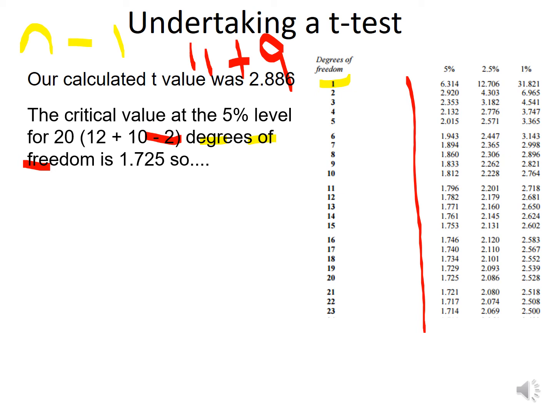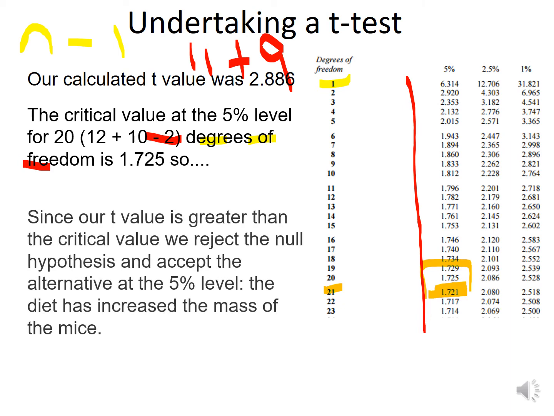So what we need to do is find 20. There's 20, and we go along and we find 5%. 5% or 95% are the same thing. If you are 95% confident, you're 5% not confident. So we end up with this value of 1.725.